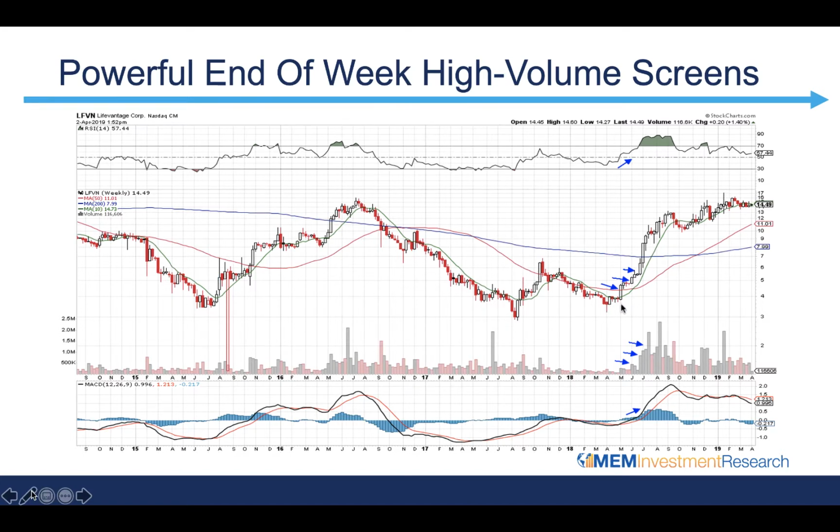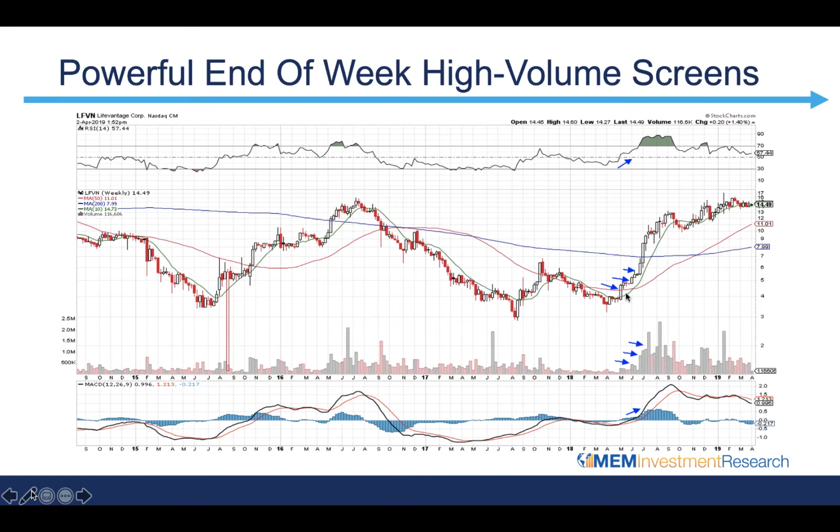So we can see LFBN on this date in May of 2019. The stock had this sharp uptick which advanced the stock above these simple shorter term moving averages on above average volume. So that was that first bullish signal.